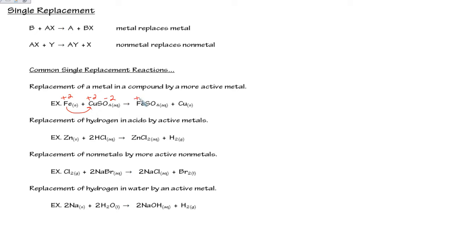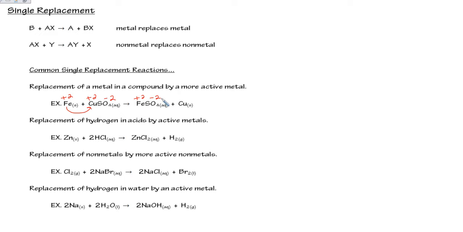Now it's iron sulfate. Always check those charges to make sure that you have a neutral product. The other thing that I would check is that new element. Is it diatomic? Copper is not. So I just leave it as Cu, copper. And then I may or may not need to balance the reaction.